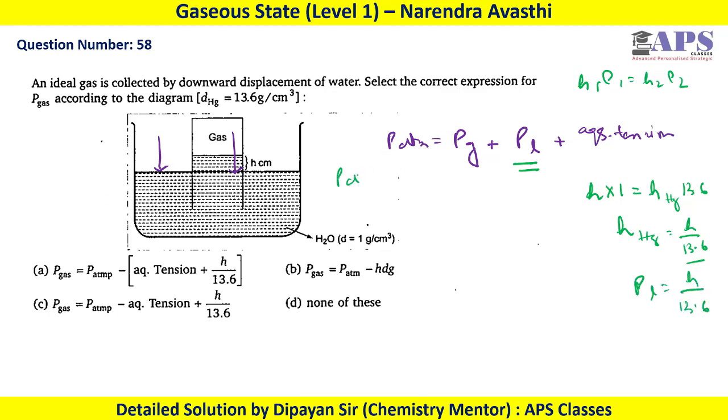Now P atm can be written as the pressure of the gas plus H by 13.6 plus aqueous tension. From this, the pressure of the gas will be P atm minus aqueous tension minus H by 13.6. For question number 58, the correct option is option A.